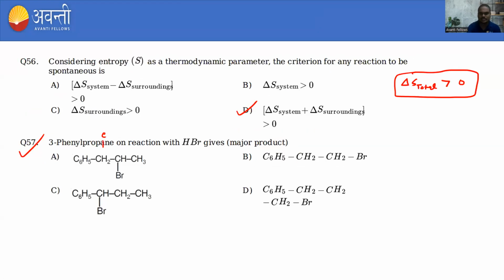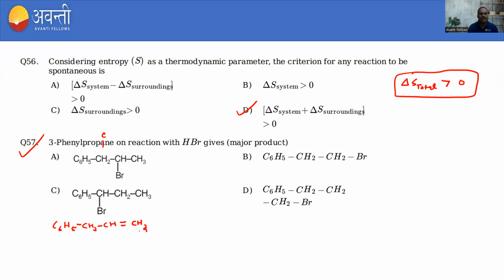Let us discuss the reaction. We all know the structure: C6H5, and we have a propene, which means we have CH2, CH double bond CH2.